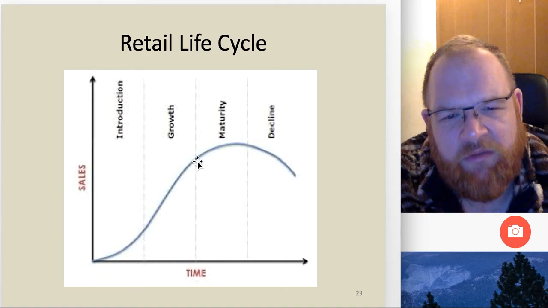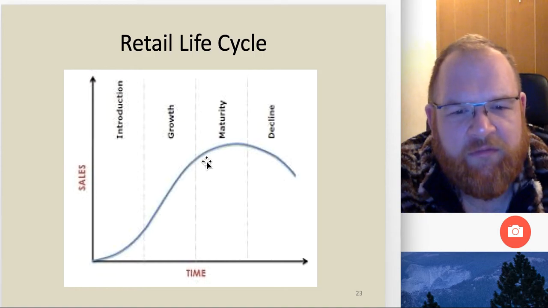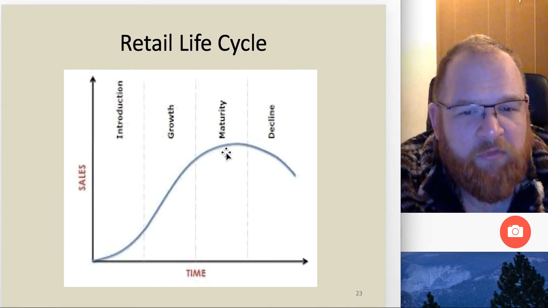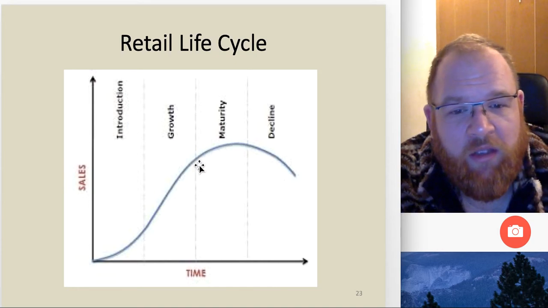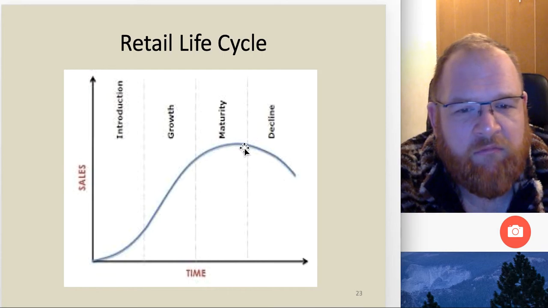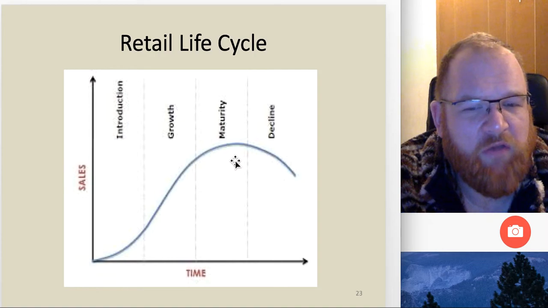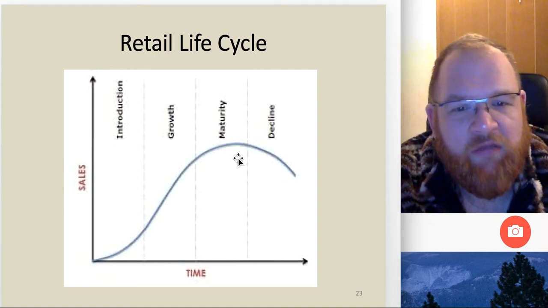From there you get what you'd hope to be slowing growth, but still growth through the organisation, and this can slightly tail off or flatline at the end, or just become flat. So you're not necessarily growing as much.